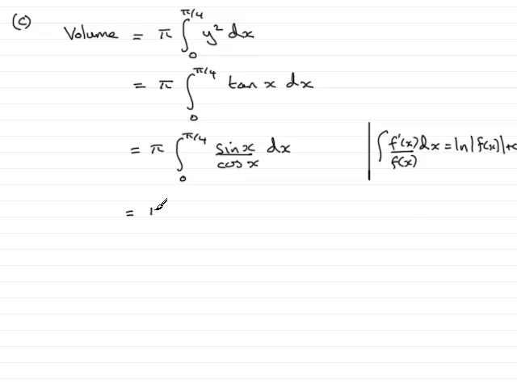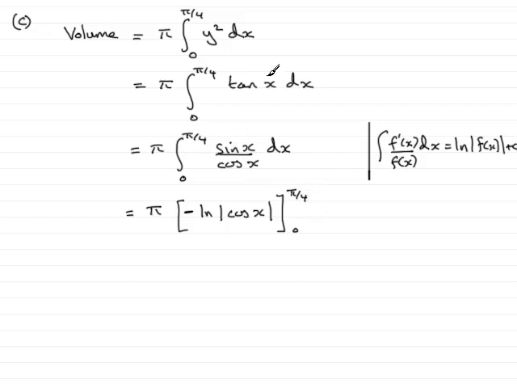So I can see that this particular integral reduces down to the natural log of the mod of cos x, but if I differentiate natural log of cos x, I would end up with minus sine x over cos x. So I need to correct for that, and so I put a minus in there. And that is going from 0 to pi over 4.